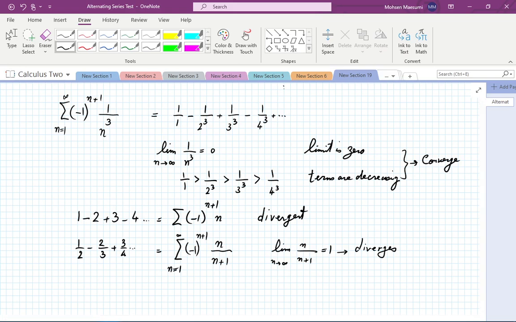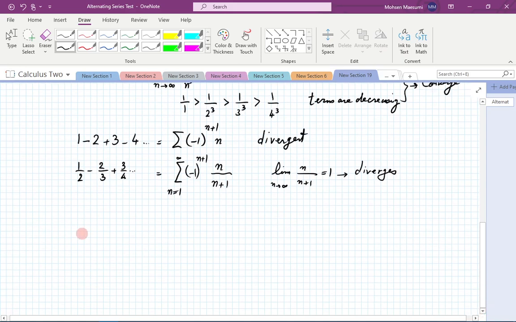How about an example other than these? Let's go ahead and take a look at some other cases. For example, let's look at the following: does the sum of minus 1 to power of n plus 1 times n over e to the power of n converge or diverge?